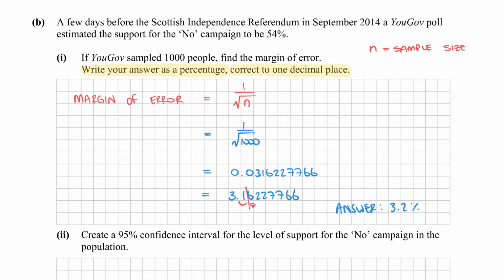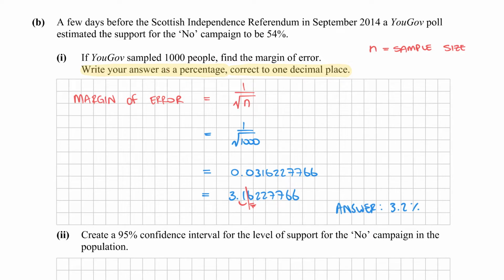So we'll just move on there to part 2. It says here to create a 95% confidence interval for the level of support for the No campaign in the population. If we go back and look at that again, it said that in the Scottish independence referendum in September 2014, the YouGov poll estimated that the support for the No campaign was 54%. Now, this was using a sample of 1,000 people.